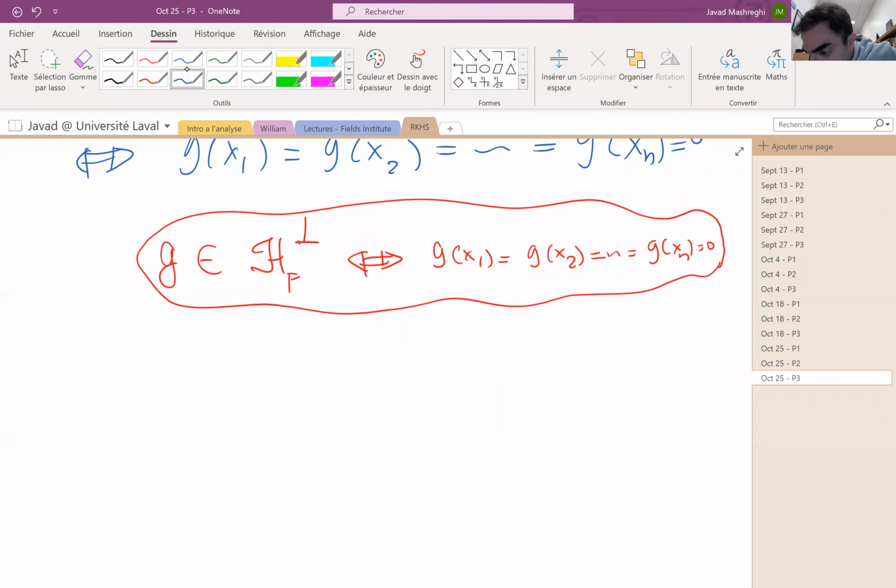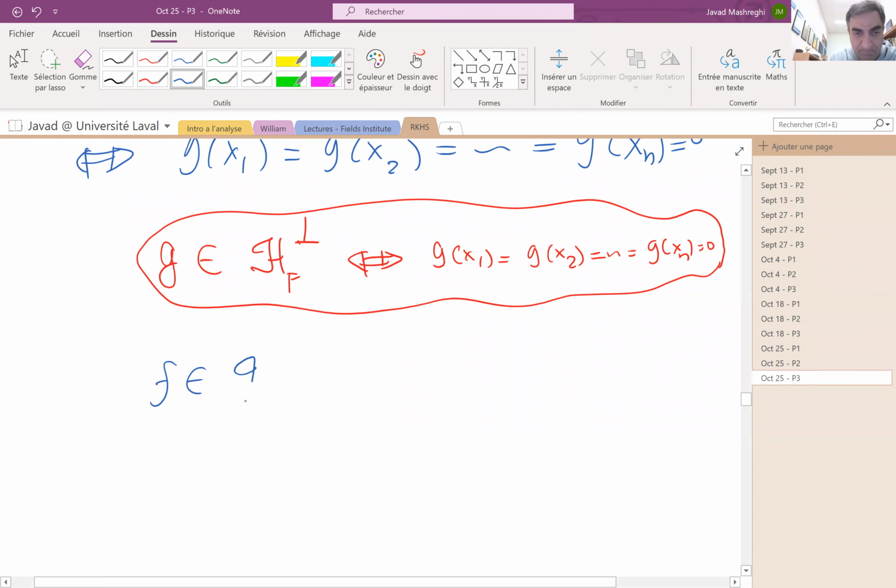Suppose that F is an arbitrary element of H. No restriction. So F at point x1 is something, point x2 is another complex number, and so on up to F at xn.